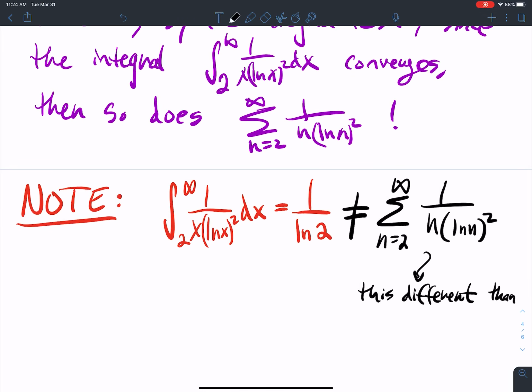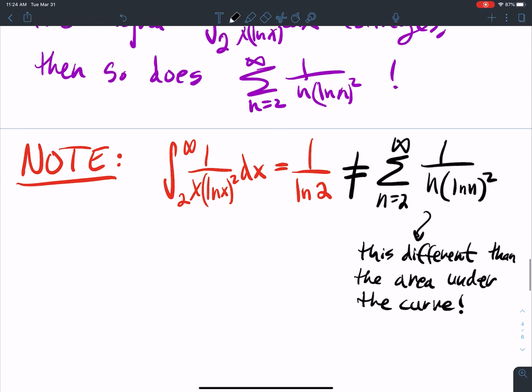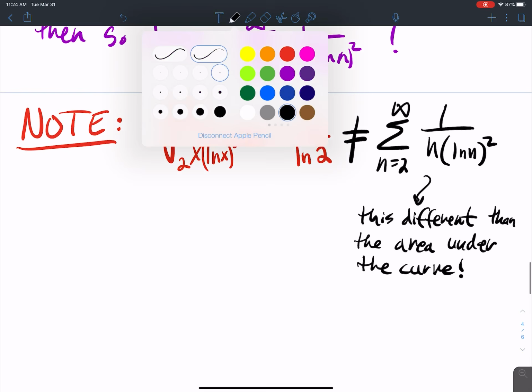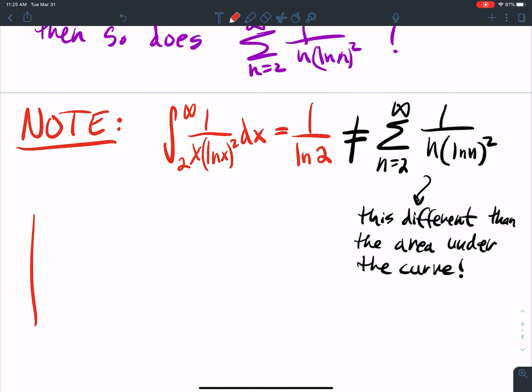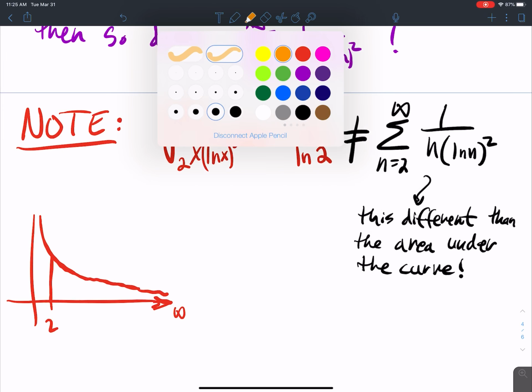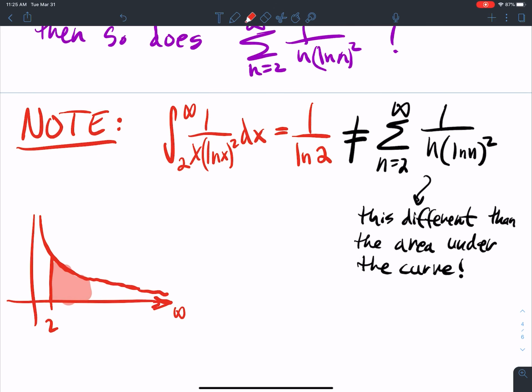than the area under the curve. Okay, it's different. It's not the same. So just to give you an idea, what we're finding here, from 2 out to infinity, that's area under the curve.